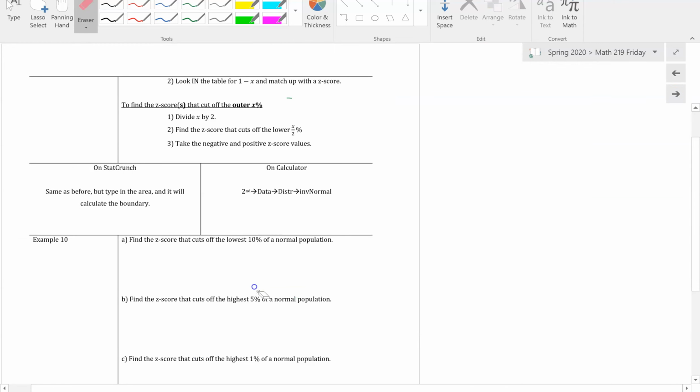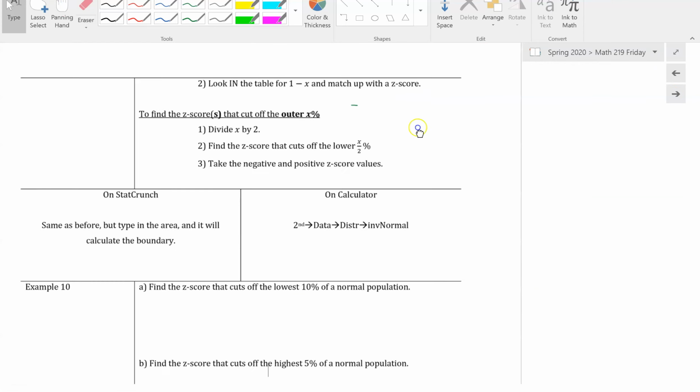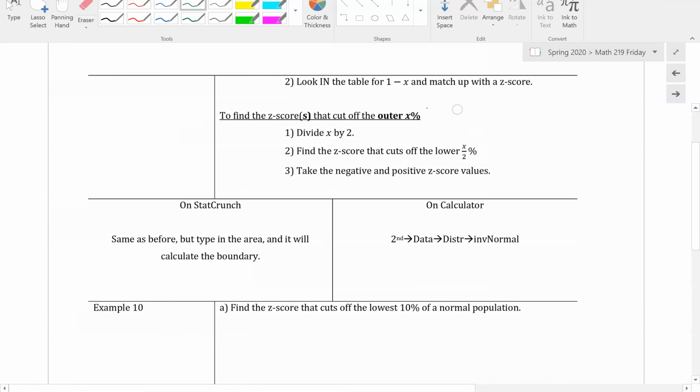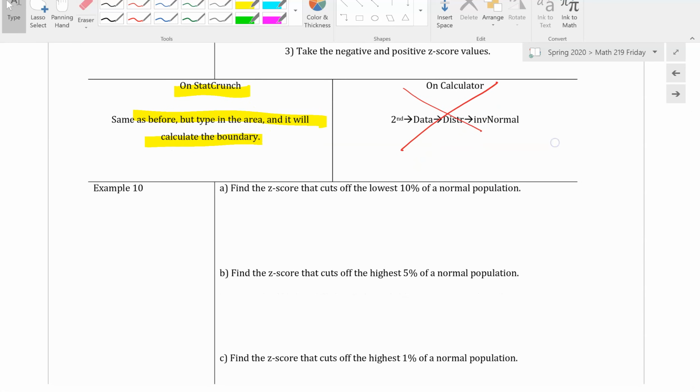So again, this was the last case here. You could read through the steps on how to do it. StatCrunch is going to be a heck of a lot easier. And again, I'm not going to show you on the calculator unless you want to. Ask me and I'll show you how to do it. But everyone's calculator works a little different. So let's actually try an example and see that it's not that bad.